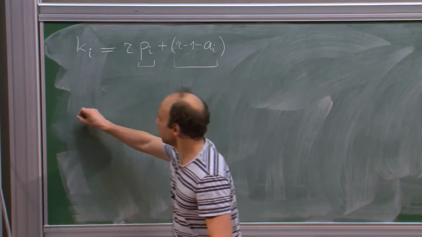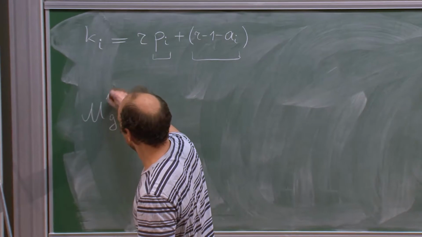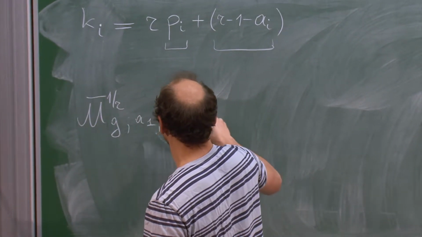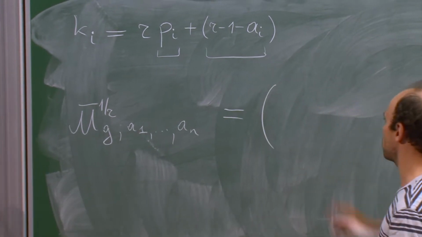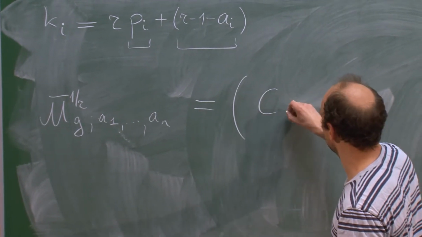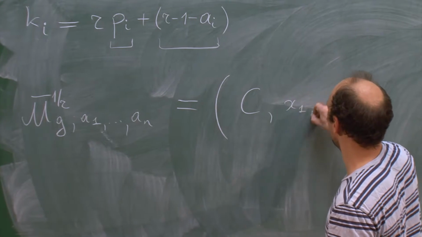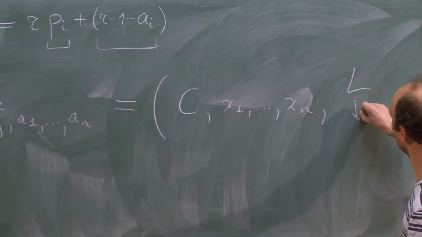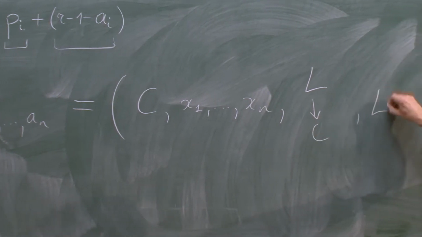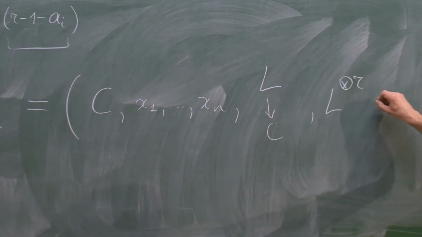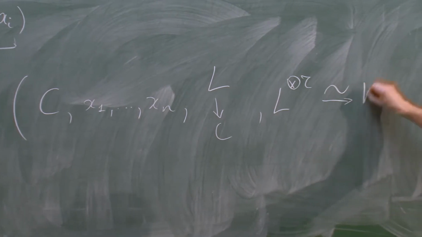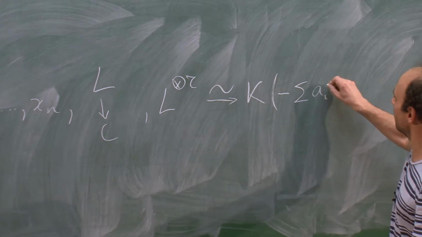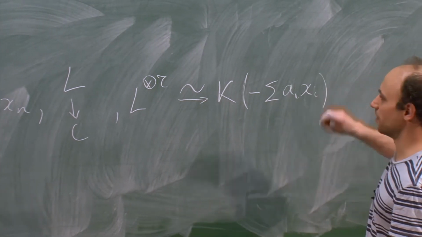The space M_g,1/r(a1, ..., an) is the space of stable curves of genus g with n marked points and with a line bundle such that its rth power is isomorphic to, is identified with, the cotangent line bundle twisted by minus the sum of ai xi.